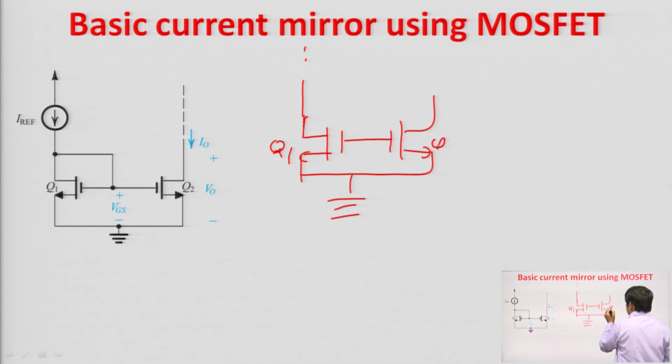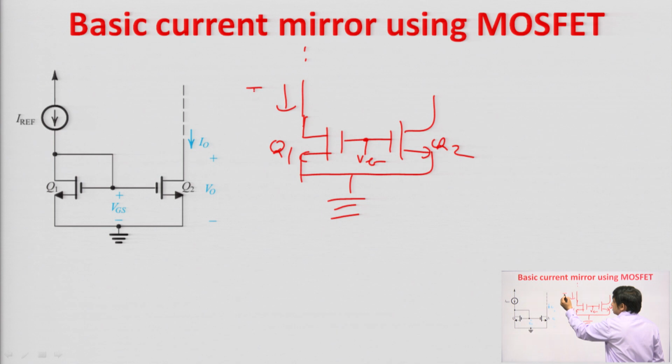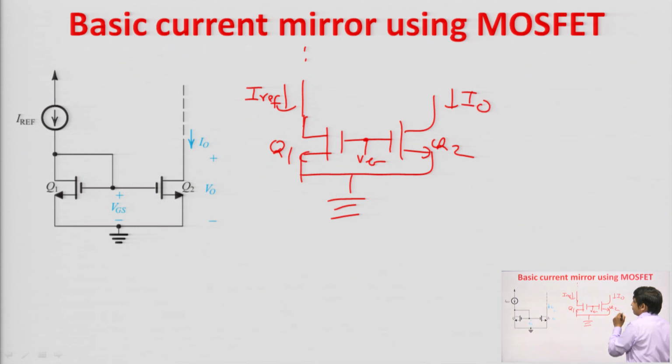We will give some bias voltage at the gate of Q1 and Q2, let us say VB. Now, if there is a change in the reference current here, then how will this output current I naught change?